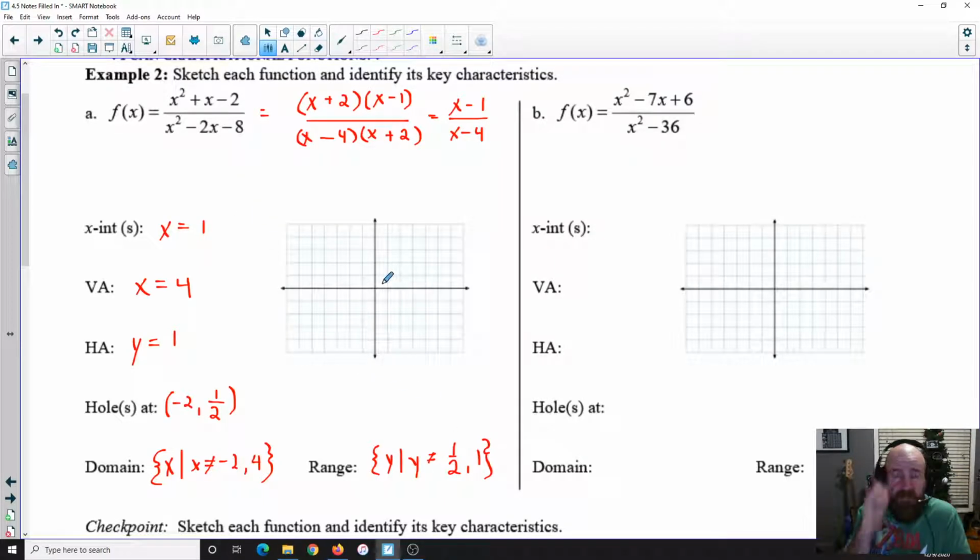Okay, so that's the same thing we did in the first 3 examples, and now we just have to graph. So we can graph our x-intercepts, so we know we cross at 1. We have a vertical asymptote at 4.